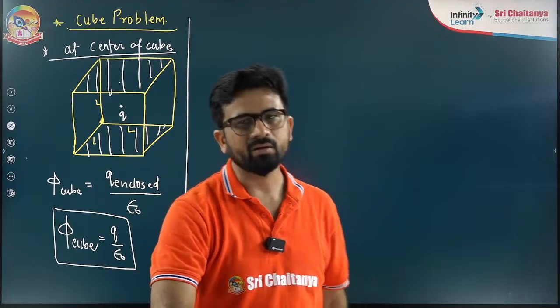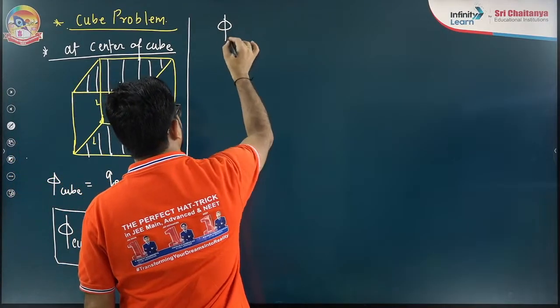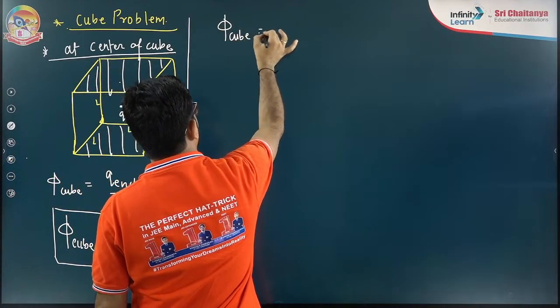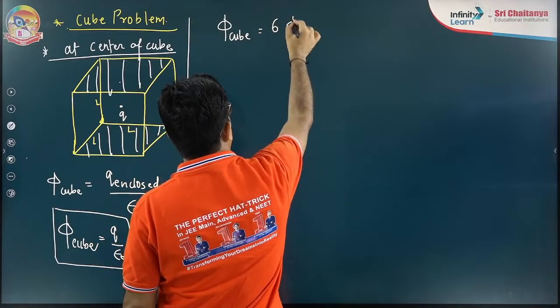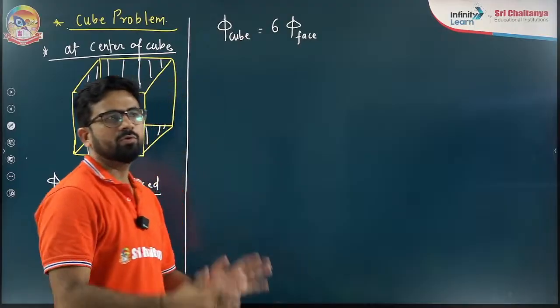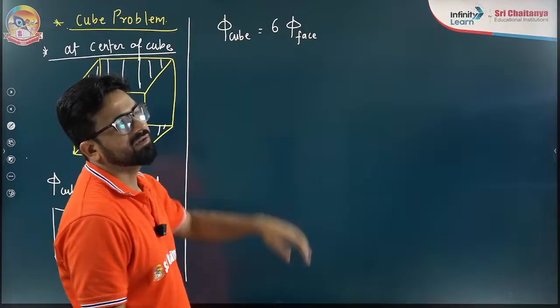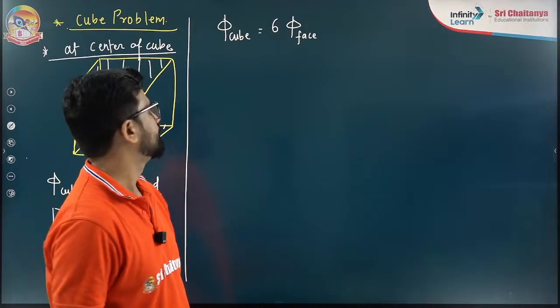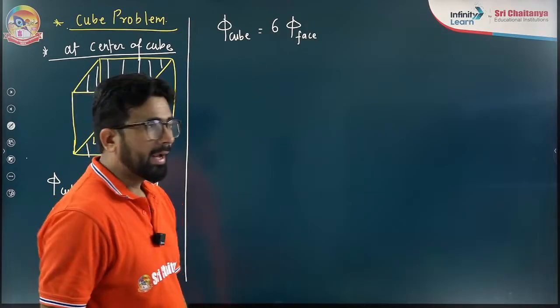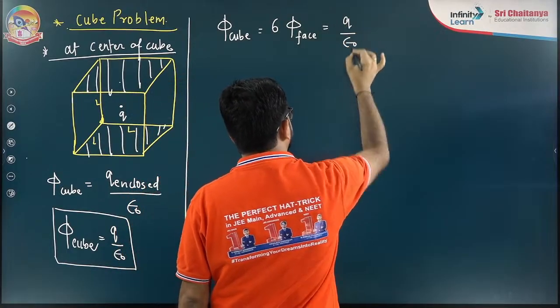So I can say, very simply, phi of q is equal to 6 times phi due to one face. Whatever flux is passing through one face, just multiply by 6, that is equal to phi total, or phi q, and that is equal to q by epsilon naught.